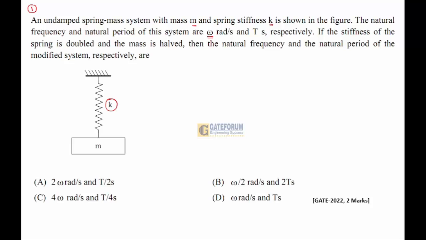When we see this question, it is the undamped free vibration of a single degree of freedom system for the above figure.